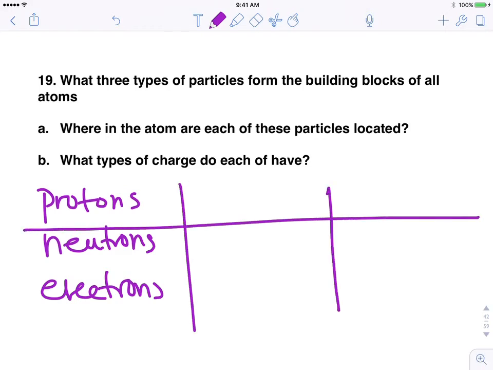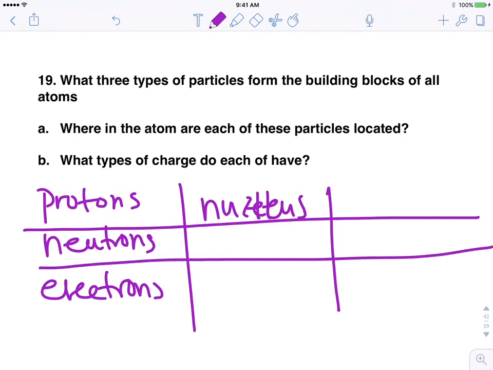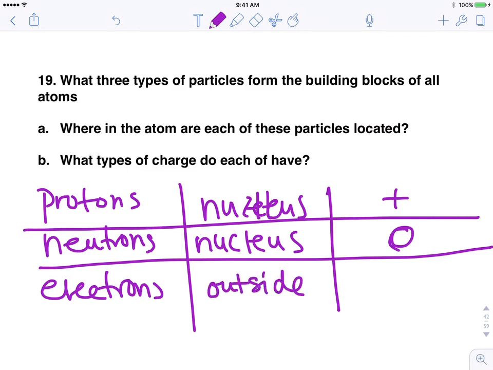Well, the protons are in the nucleus, and their charge is positive. Neutrons are also in the nucleus, and they have a 0 charge, they're neutral. And electrons are on the outside of the nucleus, and they have a negative charge.